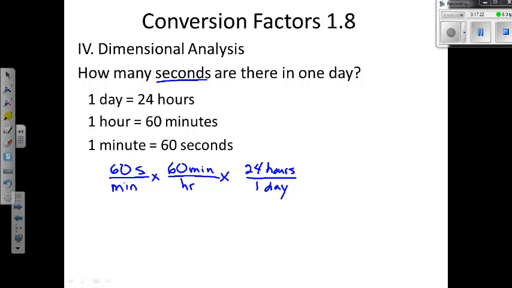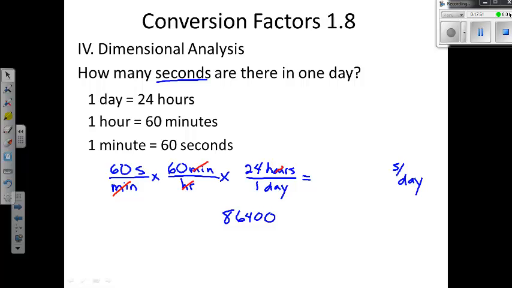All right, so now check my units here, see if I did that right. Minutes cancel out, and hours cancel out, and I have seconds per day, which is what I wanted. And I'm going to punch a number in the calculator, I get 86400, and this is seconds per day.